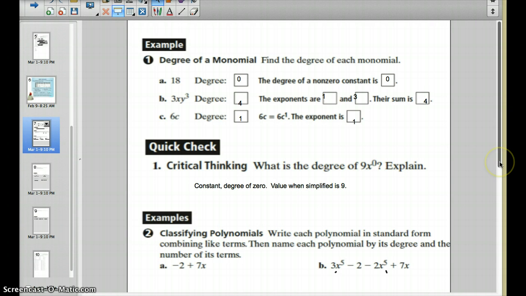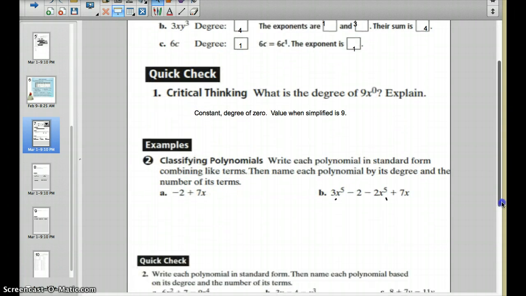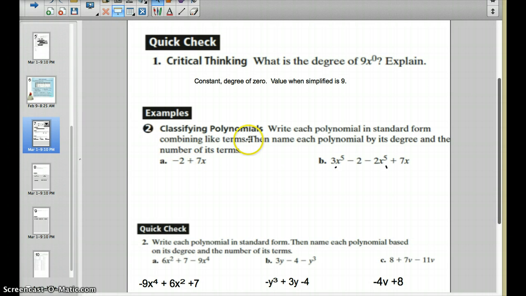Let's look at some polynomials, and we'll talk about them. So here we want to write each polynomial in standard form, combining like terms, and then name each polynomial by its degree and number of terms. So the first thing we want to look at here is we have two terms. And with our two terms, we are going to write it in order of greatest to least degree.